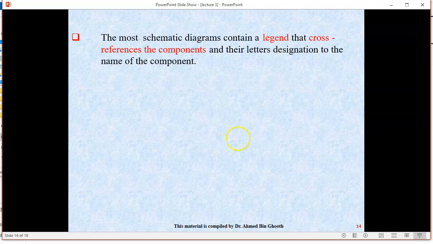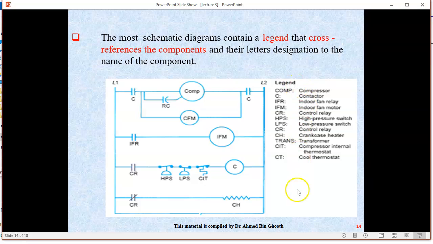Most schematic diagrams contain a legend, which cross-references the components designated in the diagram to the names of the components. For example, here they have put the legend on the side, but sometimes they don't put it.